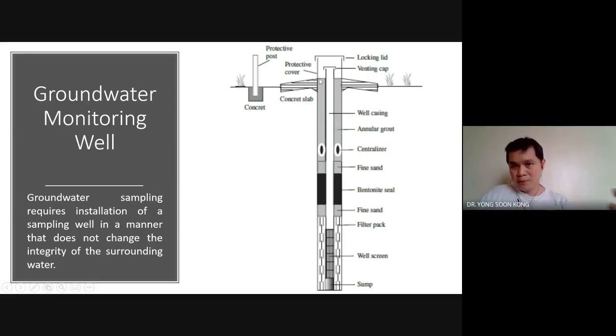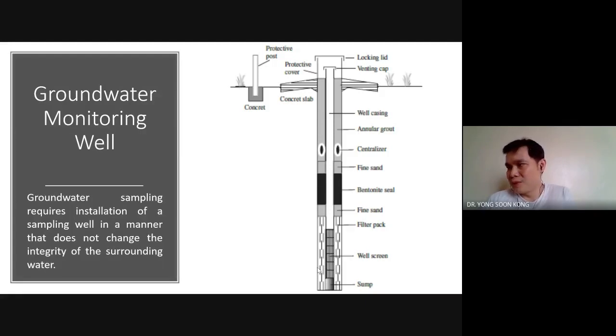Now, if you keep this lid open, what will come in? Rainwater, right? Okay, rainwater may go in, and if that happens, it may have a dilution effect on the existing nature of the groundwater. Even though it dilutes it, it is also some artifact or contamination. Contamination may not be the best word for this one.